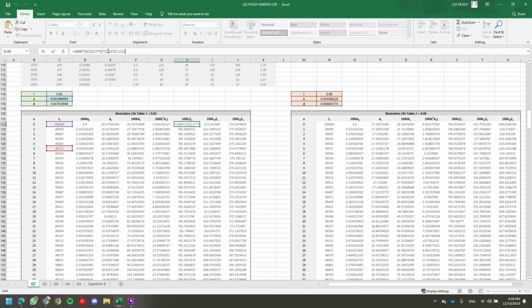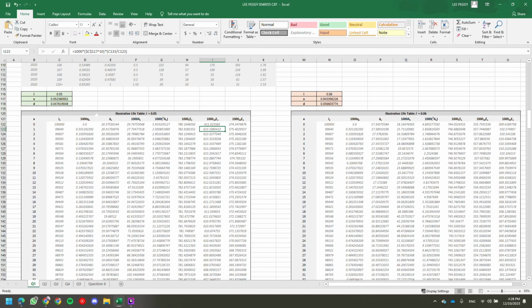So when x equals to 0 and n equals to 5, we will have l5 divided by l0 for this. So we can also drag it all the way down to obtain all the values. And for 10Ex and 20Ex, the calculation is similar to 5Ex, just that we have to change the value of n to 10.